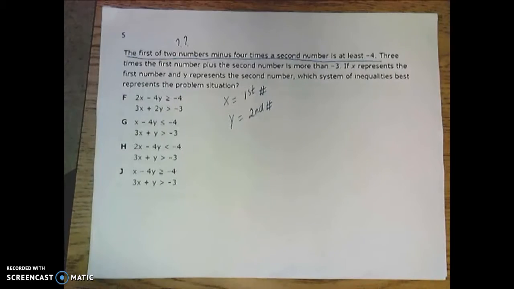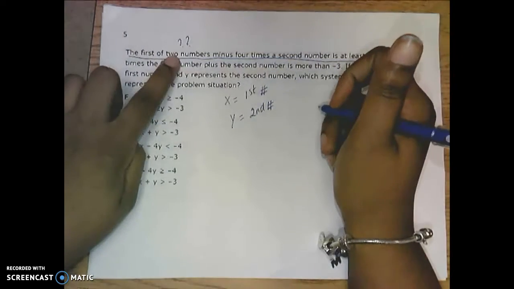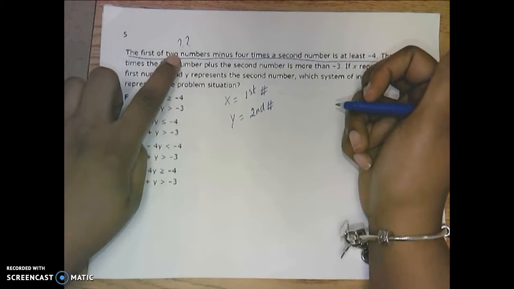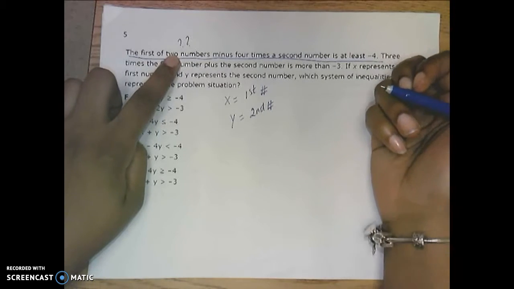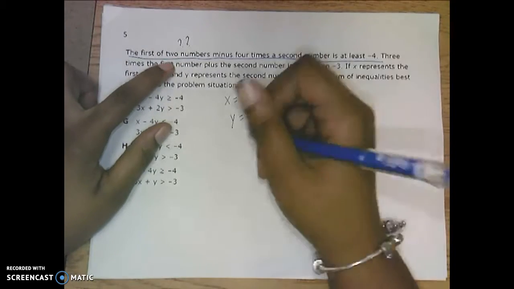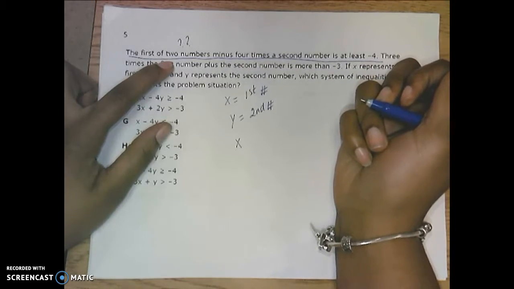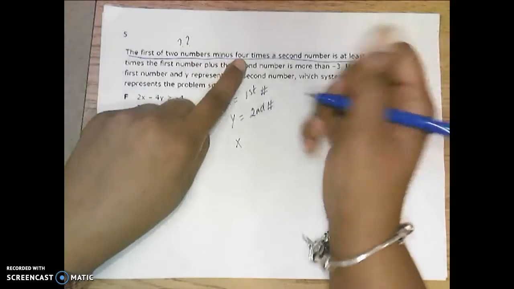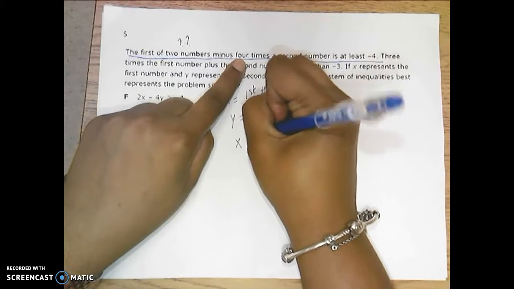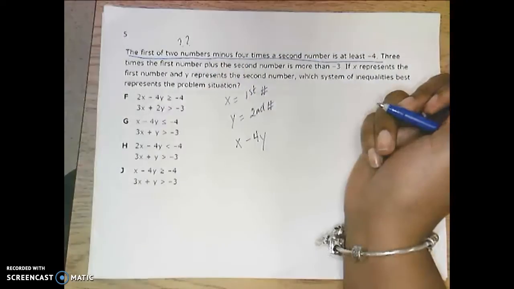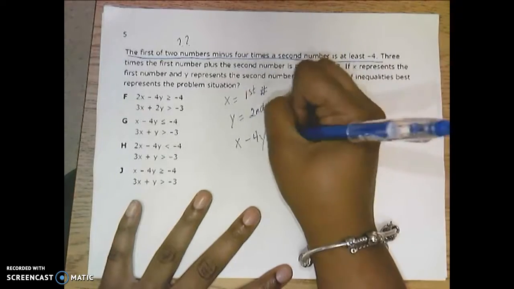See, when I read these two numbers, I wrote down 2X, but that's not right. After reading it a couple times, I have one number is X minus 4 times the second number, Y, is at least a -4.